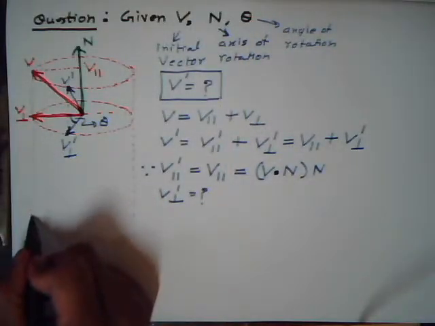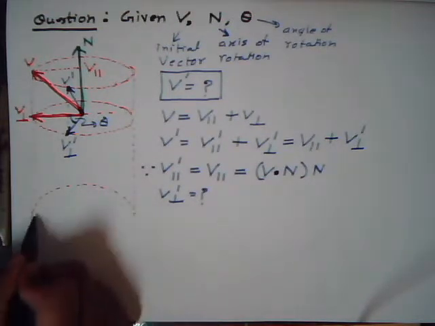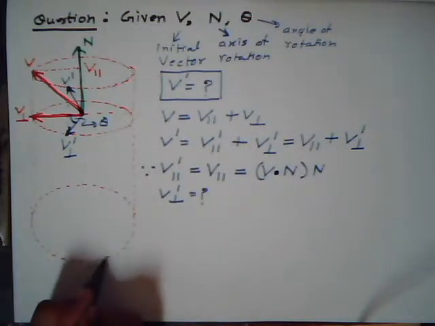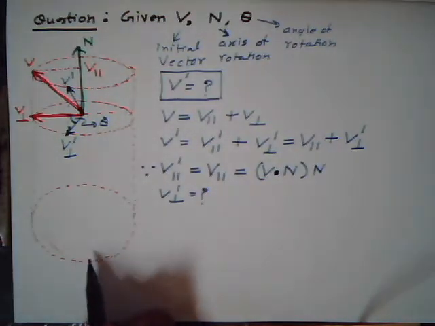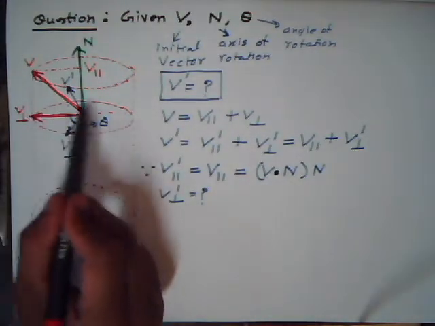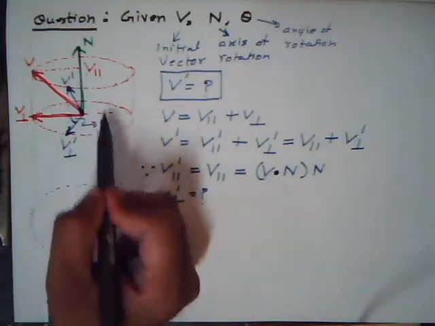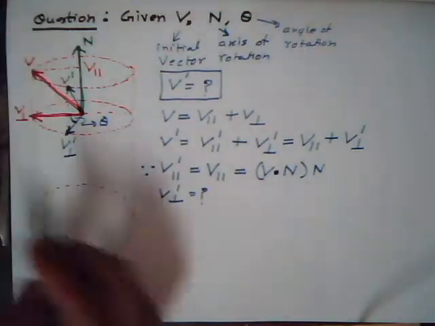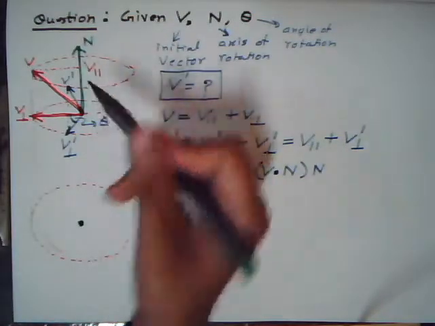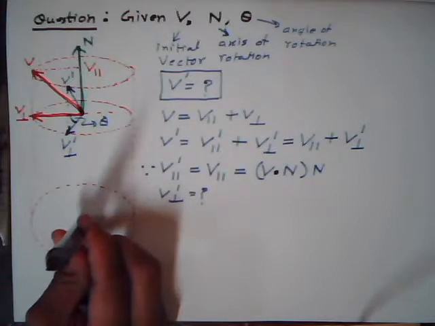Before that, let this plane of the page be the plane which is perpendicular to the axis of rotation, and therefore the center point here will be the axis of rotation, or in other words, this is how the axis of rotation is.